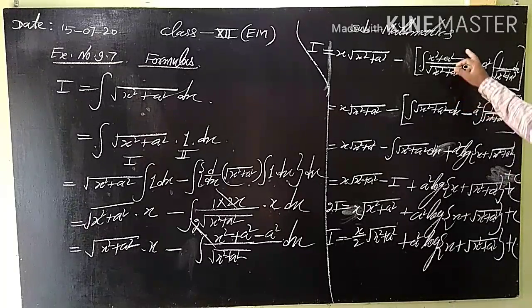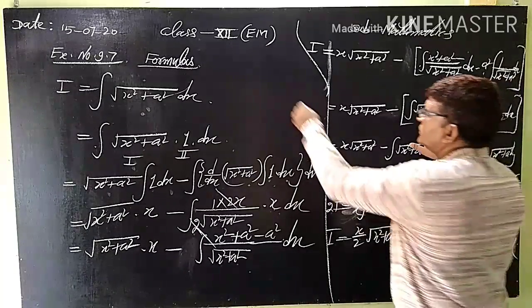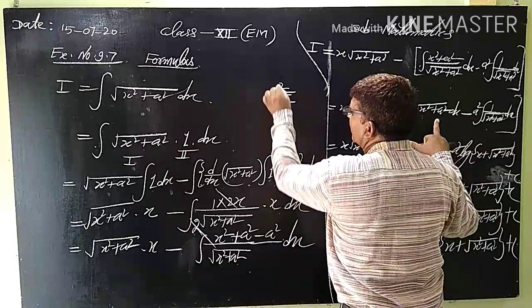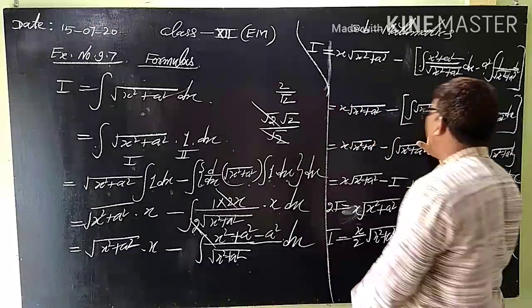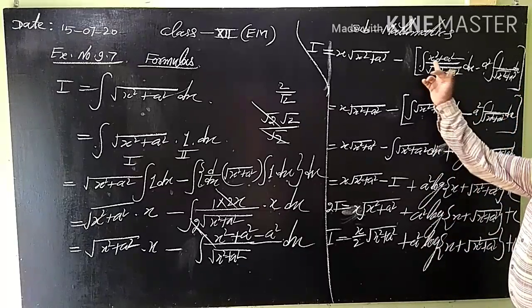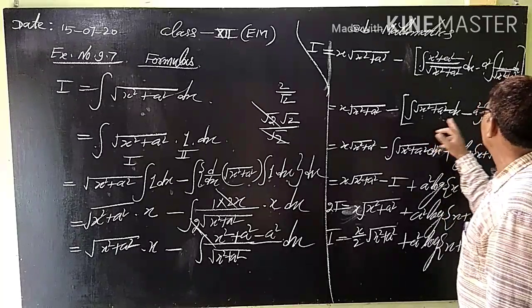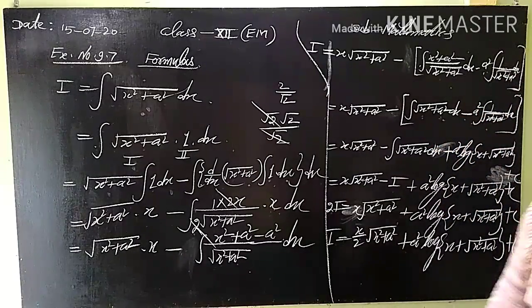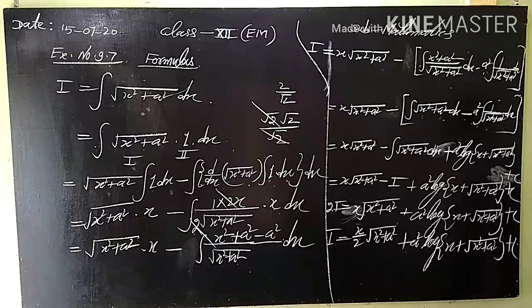Now if we divide this, the value will be under root x square plus a square, because 2 upon under root 2 can be written as under root 2 upon under root 2, and under root 2 cancelled by under root 2, then only 2 will remain. Likewise it also remains x square plus a square whole under root, minus a square, which is constant and can be taken common, and then it will be 1 upon under root x square plus a square. This is a standard formula, and its integration is equal to log of x plus under root x square plus a square.